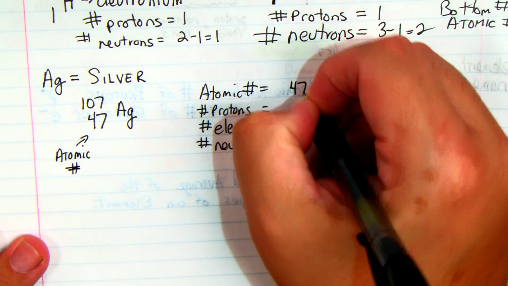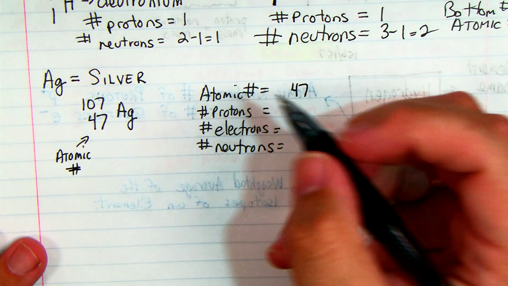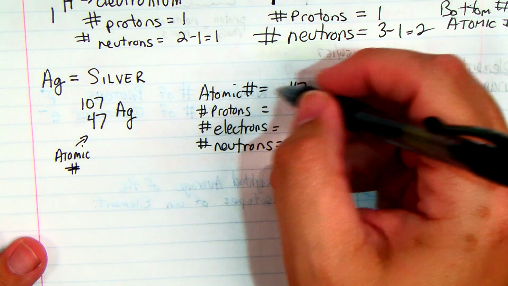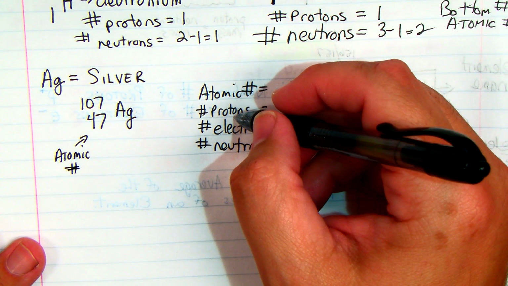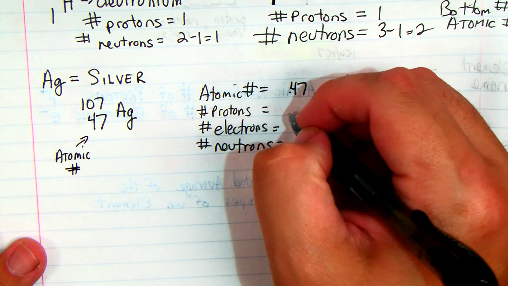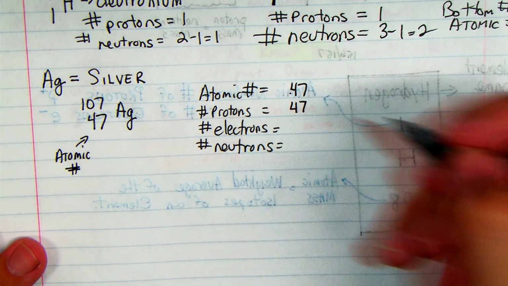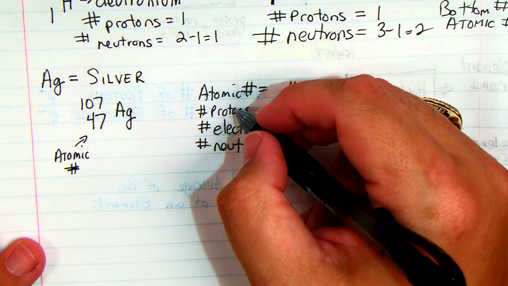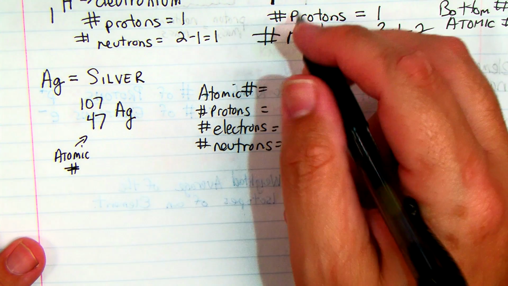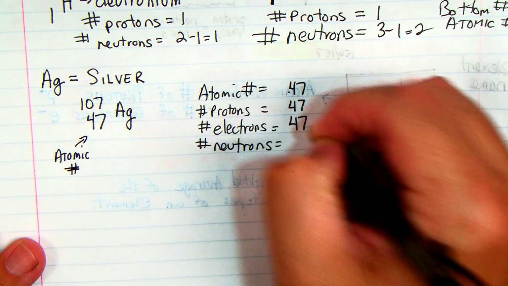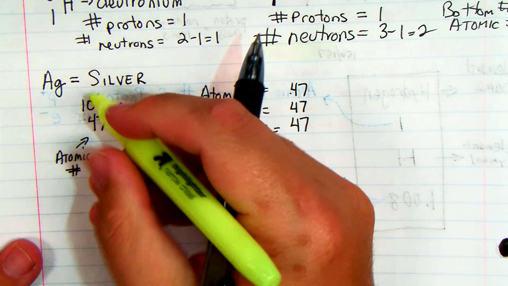Now, if I know the atomic number, I should know the number of protons. So what's the number of protons? 47, because they're the same. And if I know the number of protons, I should know the number of electrons. What's that? 47. So this atomic number right here is the same as that and that.